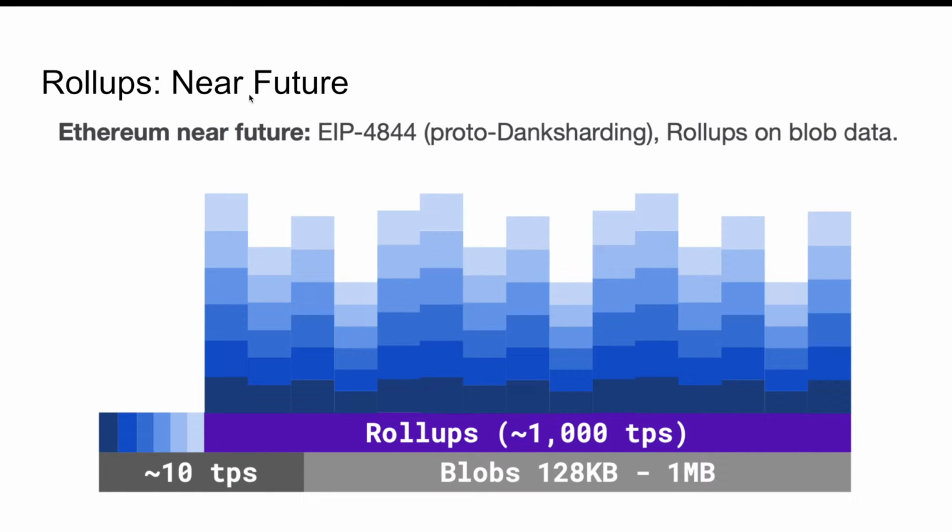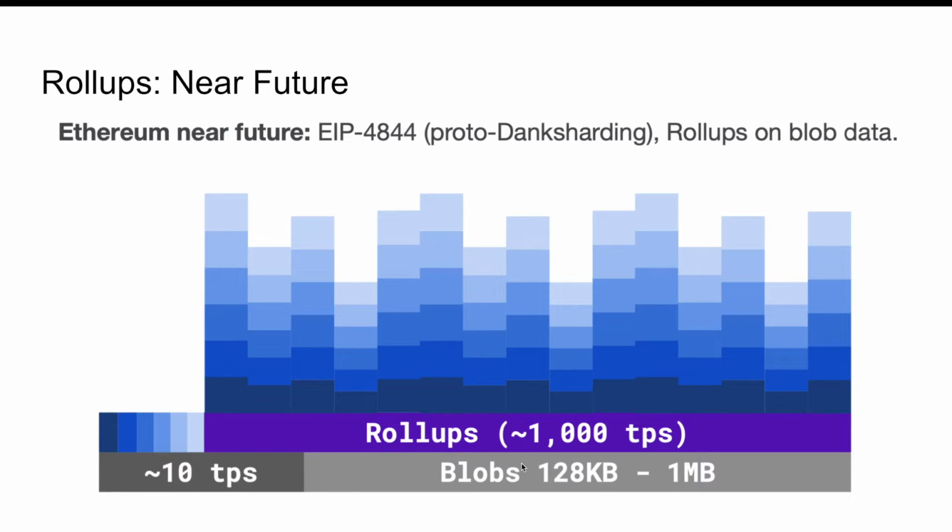The near future is what EIP 4844 is about. It is also called proto-danksharding. What this essentially does is introduce a concept of blobs. Blobs are essentially byte array data, and those are of size 120 KB.